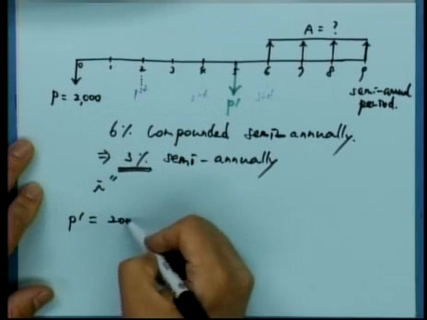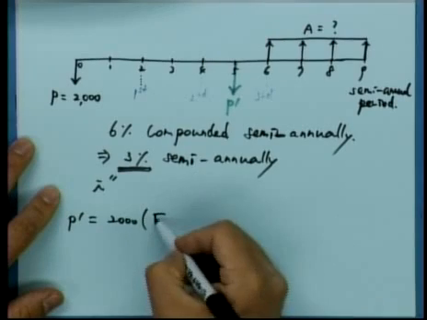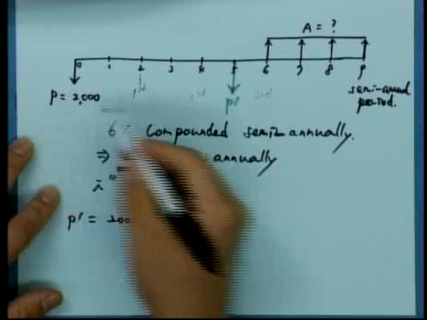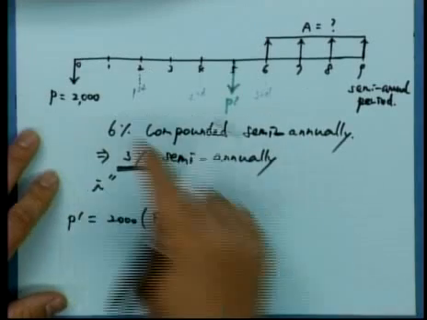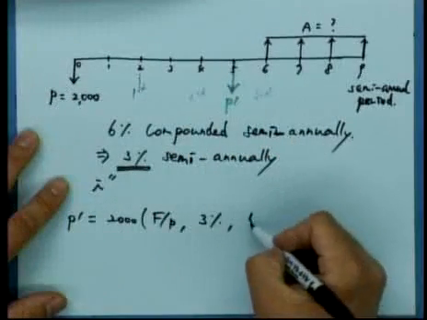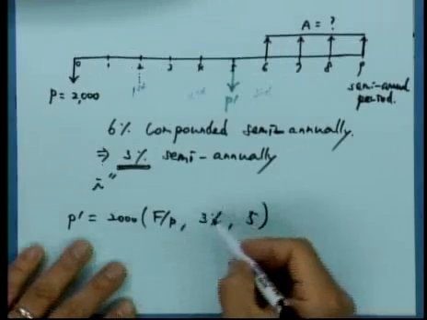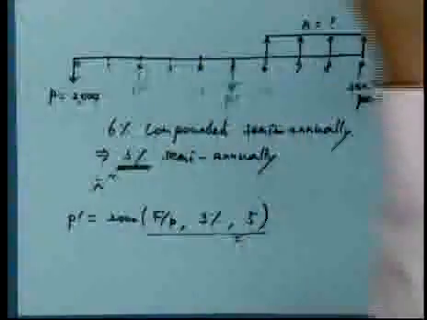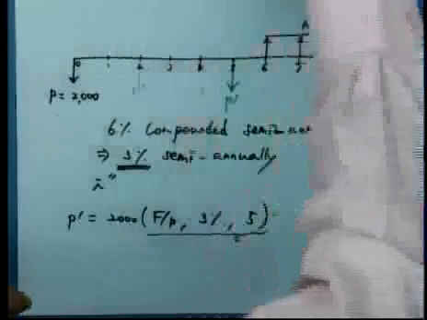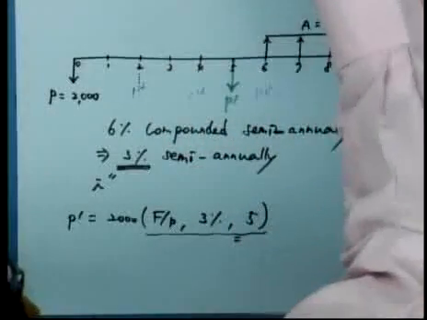$2,000 F given P, right? F given P, 3% over how many periods? 5 periods. So how much is this? We are looking at 3% interest rate.